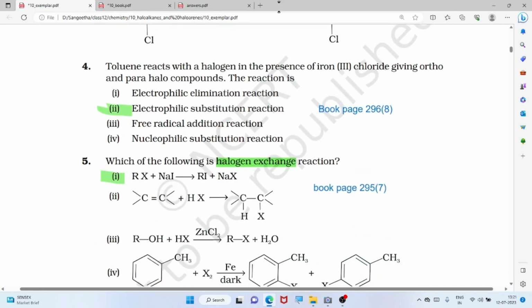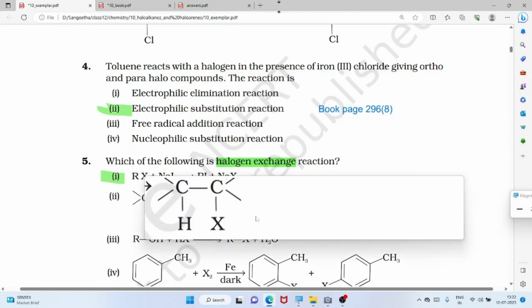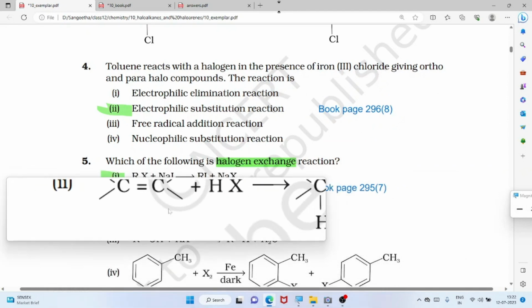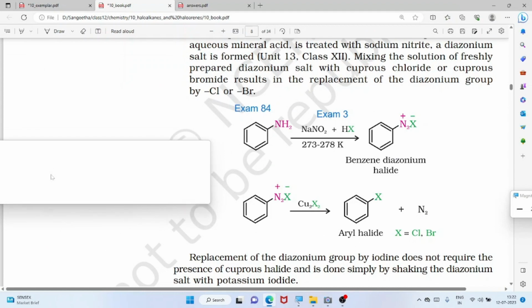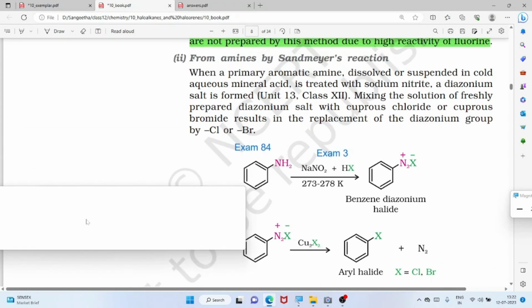Toluene reacts with the halogen in the presence of iron and chlorine, giving ortho and para halo compounds. The reaction is an electrophilic substitution reaction.